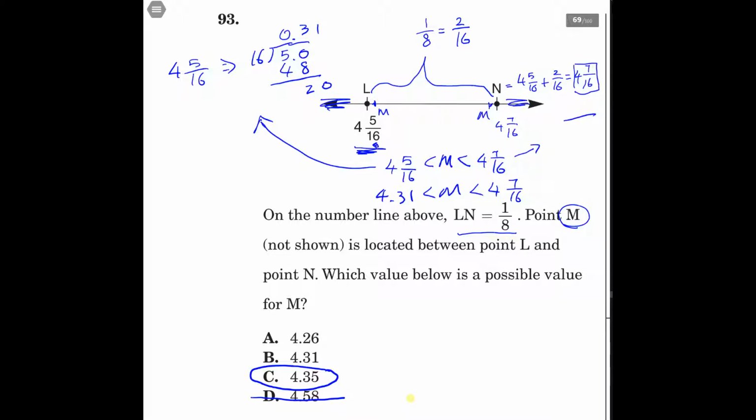What's 7 divided by 16? 4 times 16 is 64, and then that would give you 3. So it's equivalent to 4.43 in decimal numbers. So C is the only correct answer here.